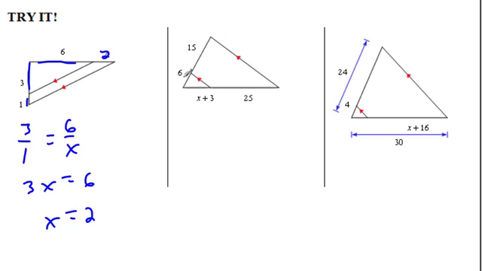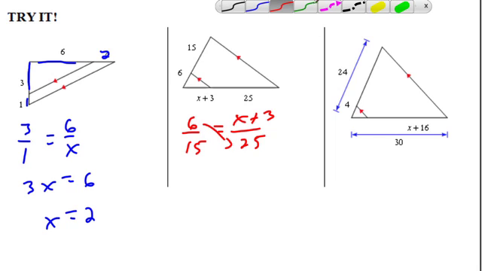Same thing here. I can say 6 is to 15 as X plus 3 is to 25. Awesome. Can we solve this? Sure. We're going to cross multiply, so 6 times 25 gives me what? 150.